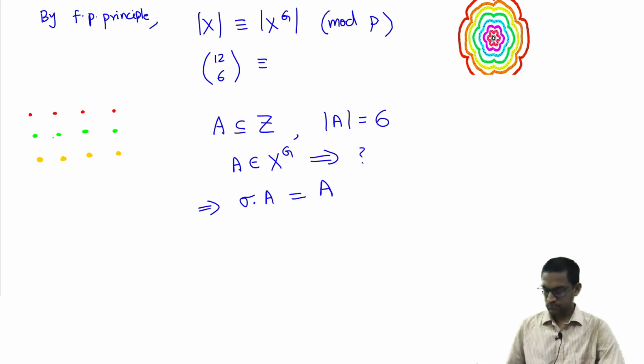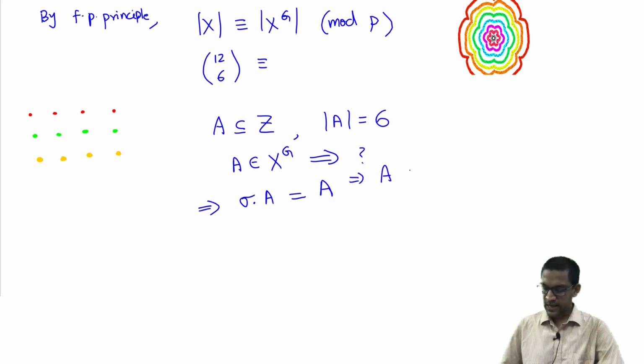So the question is how to choose a configuration. Sigma A equals A just means that A is a configuration.